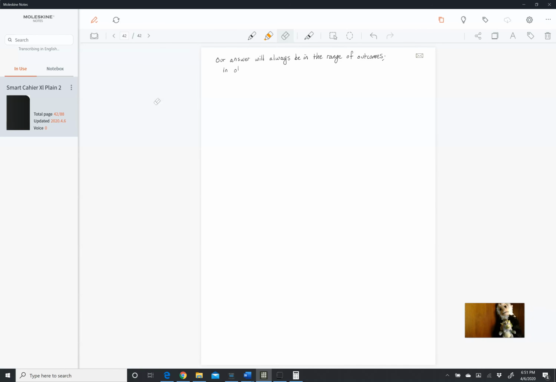In other words, in this case, it'll be between 1 and 5. In the other example that we did with overtime hours, we were saying it would be between 0 and 6 because that was the range of our outcomes.